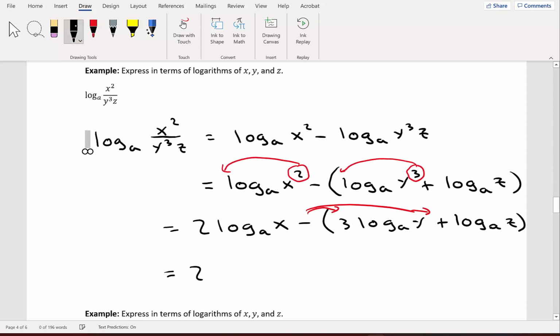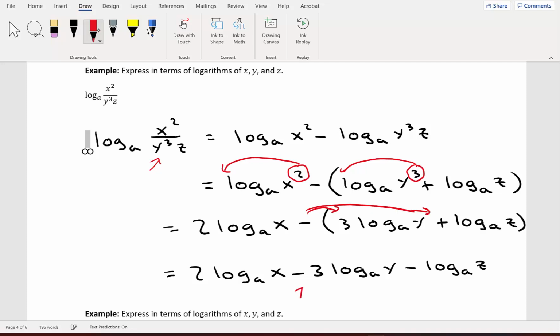So this is equal to 2 log base a of x minus 3 log base a of y minus log base a of z. Now notice with our problem, everything that's in the denominator of our fraction has a minus in front of it. Everything that's in the numerator is positive.